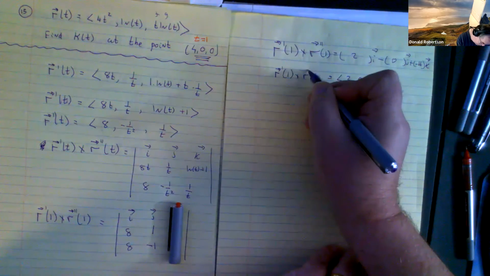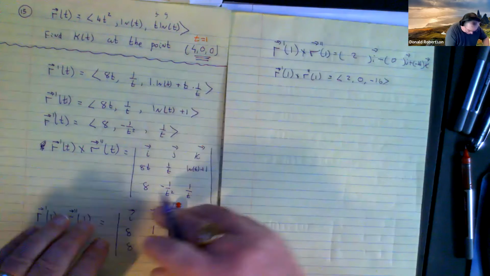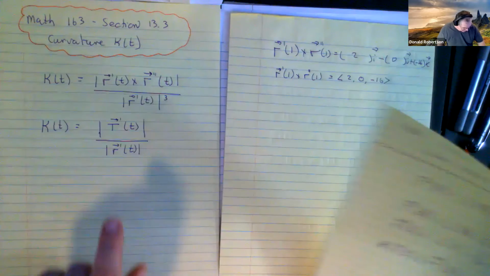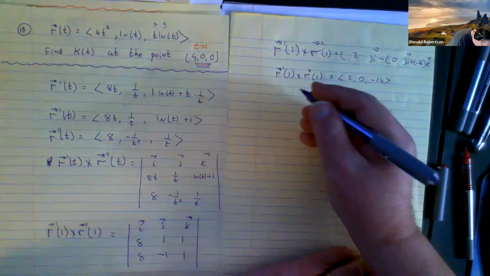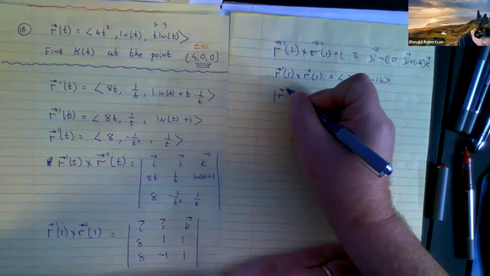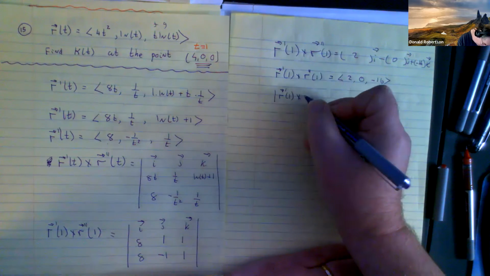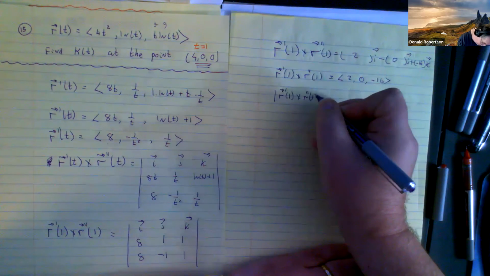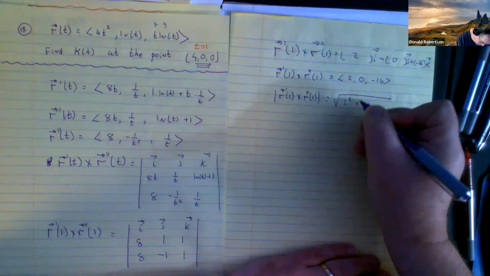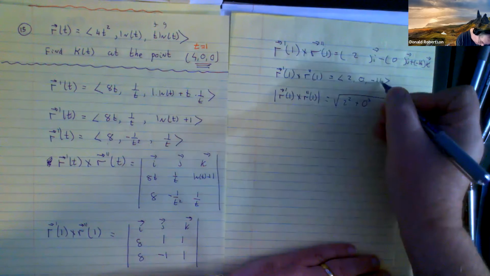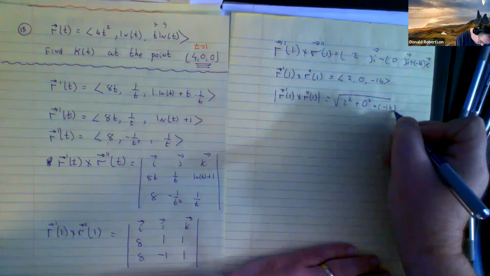Now, according to my formula, I need to find the magnitude of this cross product. So that's what I'm going to do now. Which is going to be 2 squared, 0 squared, and negative 16 squared.